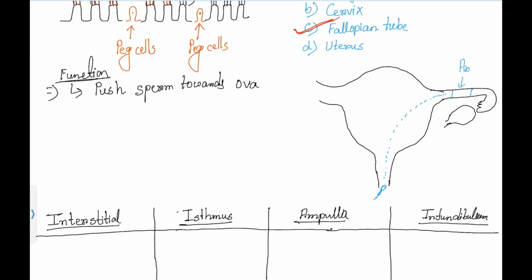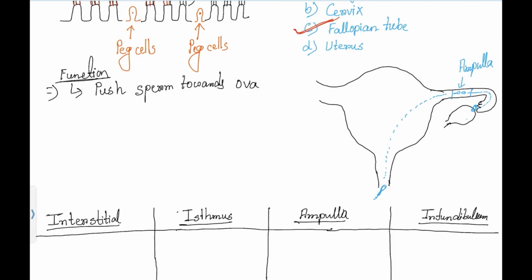The sperm will reach the ampulla, and from the ovary the secondary oocyte will come. The secondary oocyte will be taken up by the ovarian fimbriae and reach the ampulla region, where sperm from outside and the ova from inside meet and get fertilized in the ampulla region.